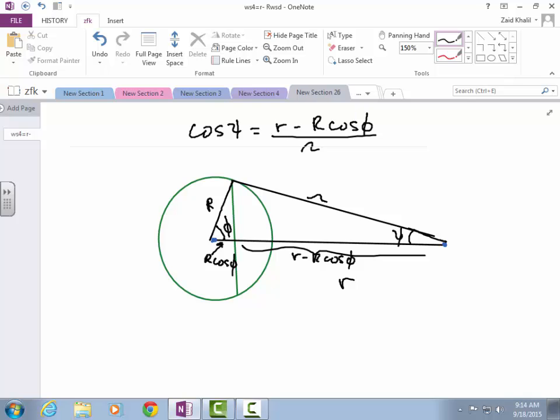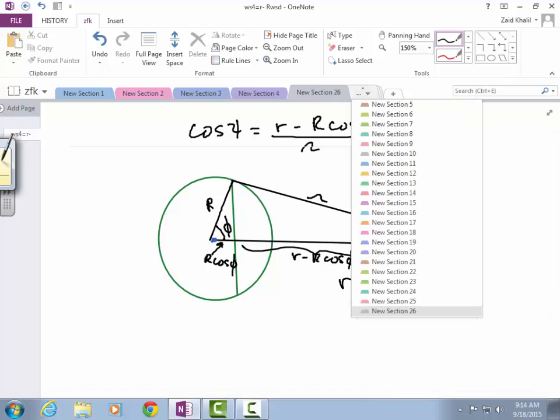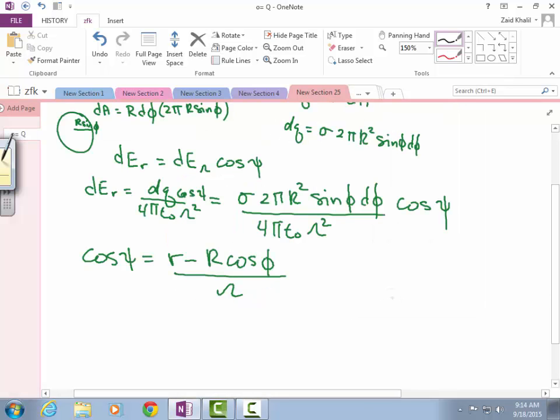All right, so everybody have this? All right. So now we have dE_R is equal to, and let's eliminate these 4 pi's, so we have sigma over 2 epsilon naught. And then I can take out the big R squared.